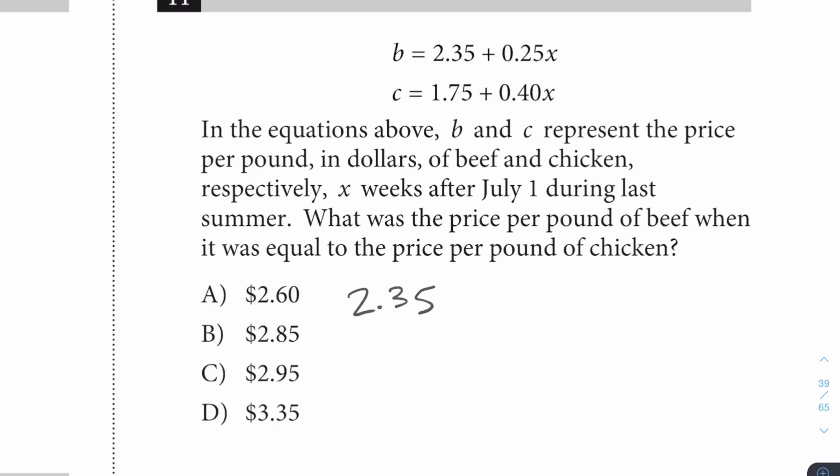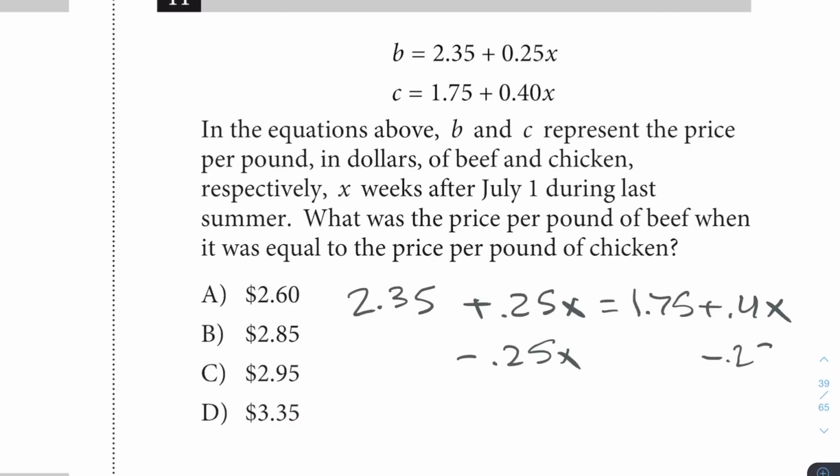So 2.35 plus 0.25x equals 1.75 plus 0.4x. Now we can subtract 0.25x, so we'll get 2.35 equals 1.75 plus 0.15x.